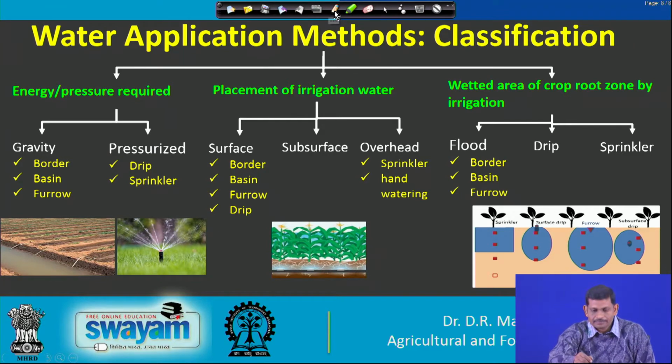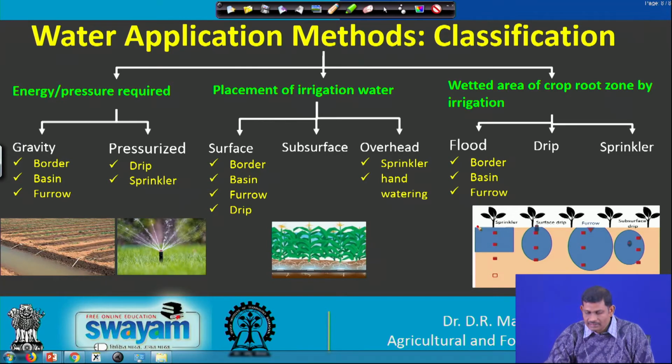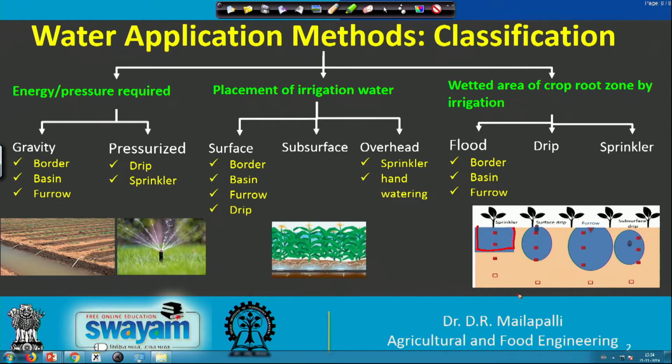Look at here. This is a rectangular type of wetting, mostly with sprinkler irrigation, because water is applied to the field at the same time, just like rainfall. In subsurface drip, the dripper is placed within the soil, so it forms a bulb-shaped wetting pattern.